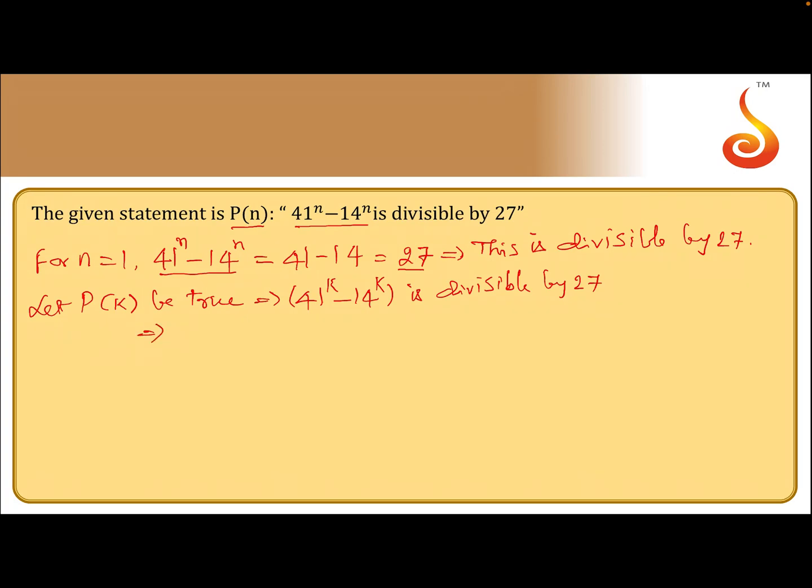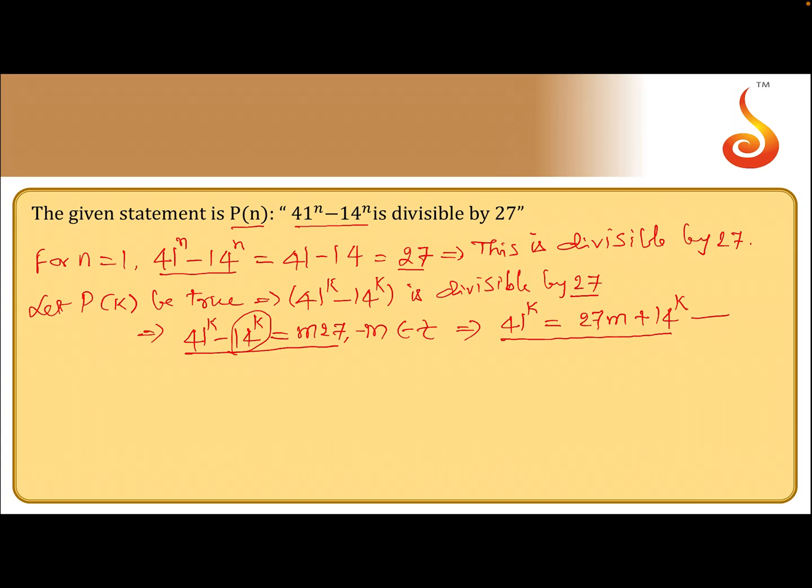It means that 41 to the power of k minus 14 to the power of k is a multiple of 27, m into 27, where m is an integer value, which implies 41 to the power of k is equal to 27m plus 14 to the power of k. Taking this number to the right side, this can be written like this. That is the first condition.